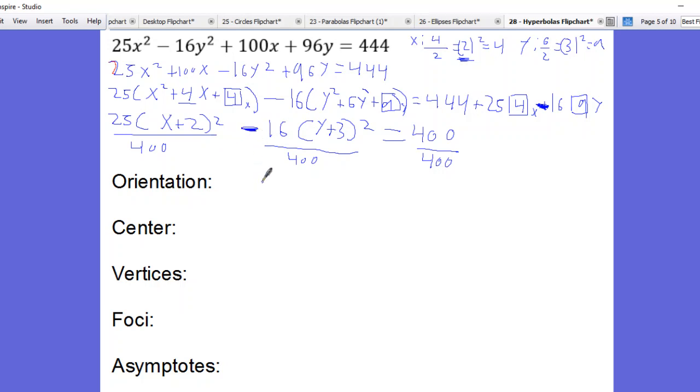So this will simplify to x plus 2 squared over 16 minus, and if 25 times 16 is 400, 16 times 25 is 400, y plus 3 squared over 25 is equal to 1. And because our x term is positive, this orientation is a horizontal orientation.